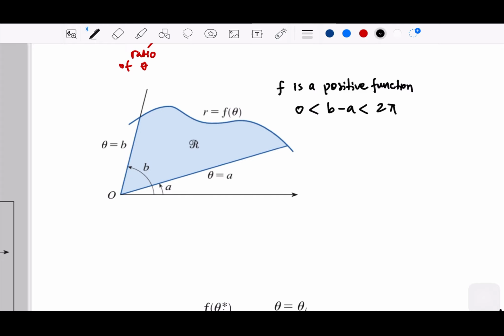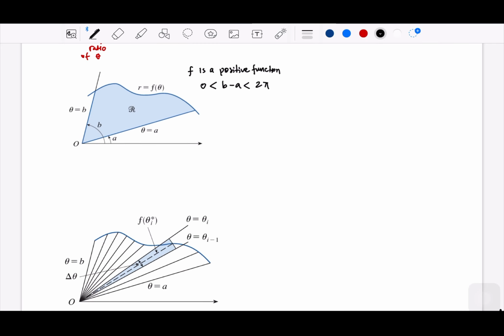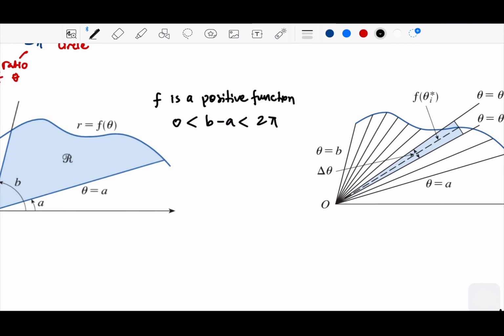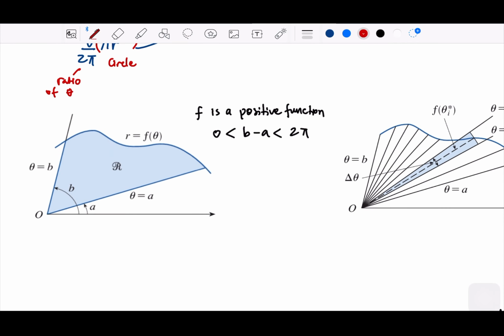To begin with, we are going to define the region and evaluate this small region.